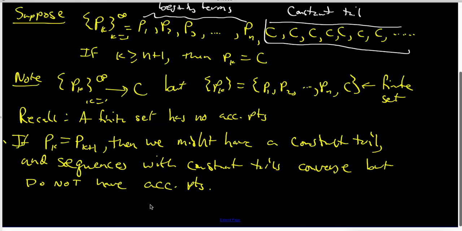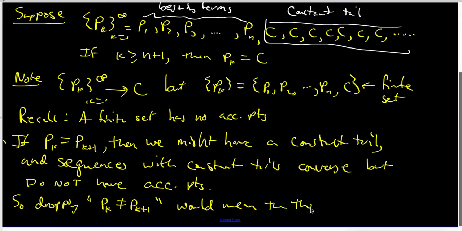So the theorem would not be true if we dropped that particular hypothesis. Dropping 'p_k is never equal to p_{k+1}' would mean the theorem is no longer a theorem. The conditional promise could be broken. So this is a critically important hypothesis.